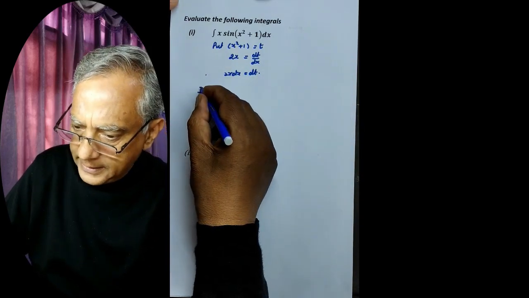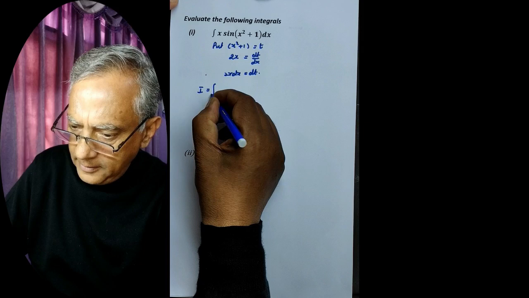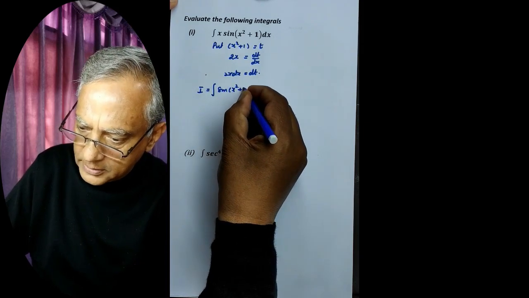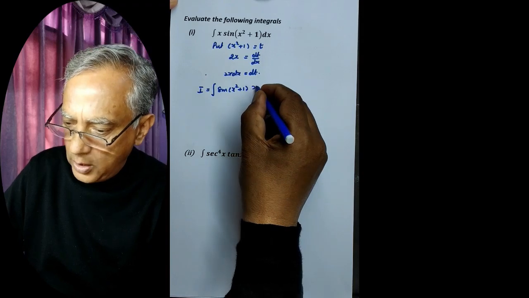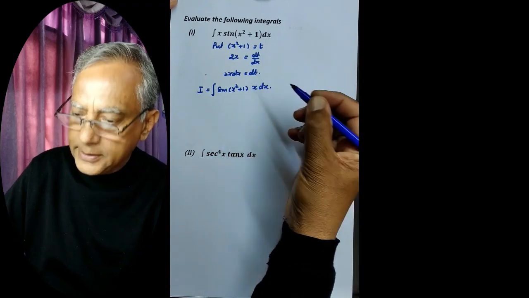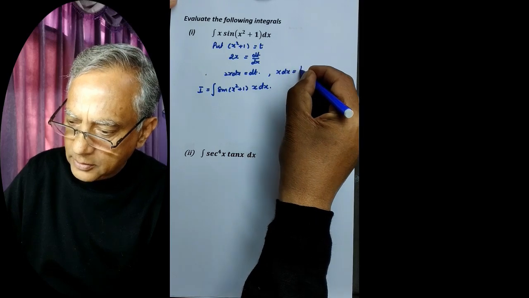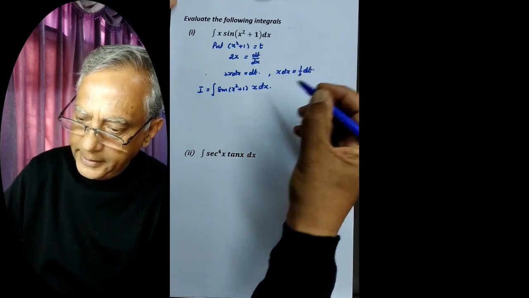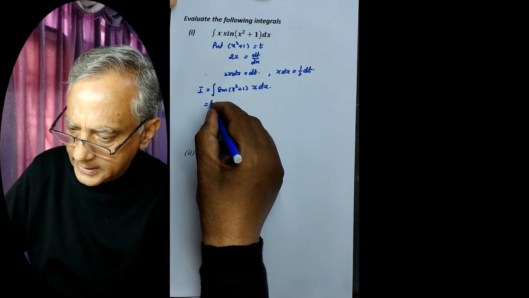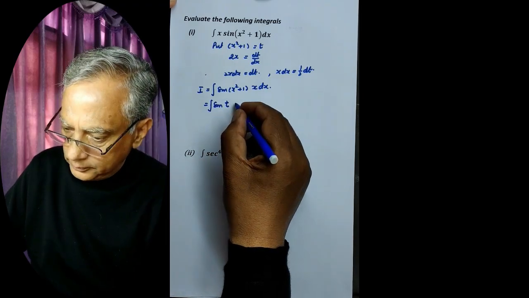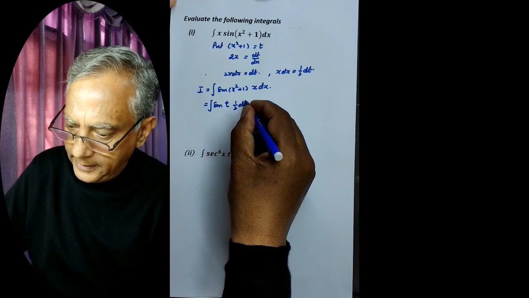Therefore, I can be written as integral sine of x square plus 1 into x dx. And from here we have x dx is equal to half dt. So this can be written as integral sine of t into half dt.